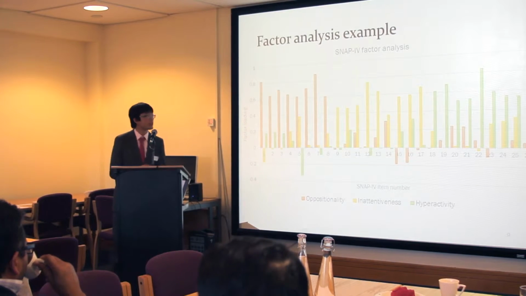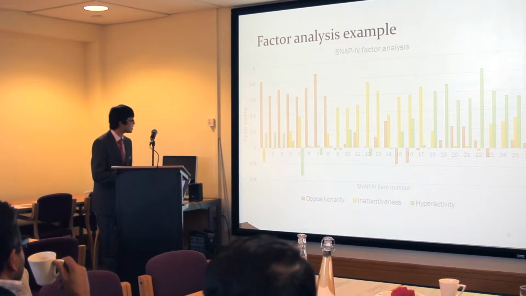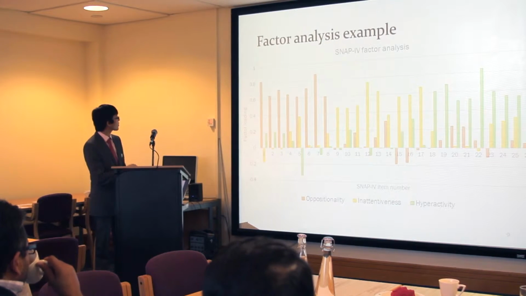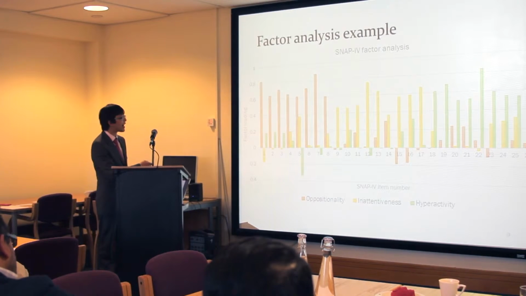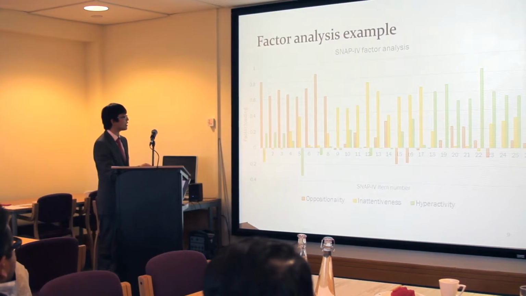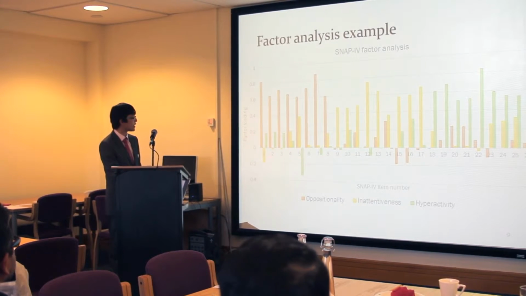Here are the results for the factor analysis. The colors, I don't know if you can see. On the y-axis is the factor loading, which is how highly each question correlates to the factor score. You can see the red is oppositionality. You can see the first 8 questions load highly on oppositionality.